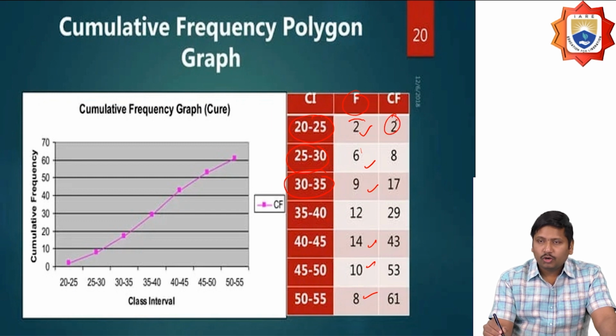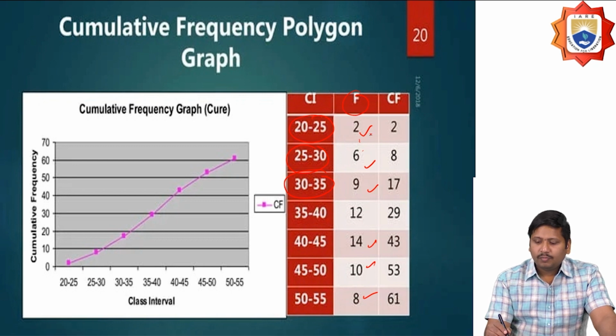Initially, I'm going to have 2, right? So 2 plus 2, how much? Sorry, it should be 4 here. Let it be 6, cumulative frequency.